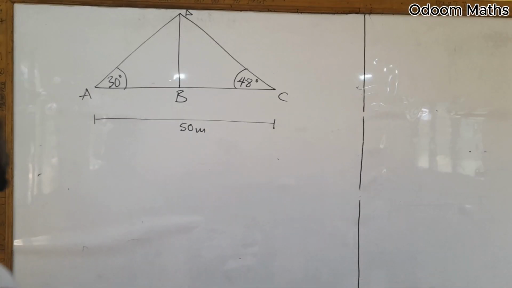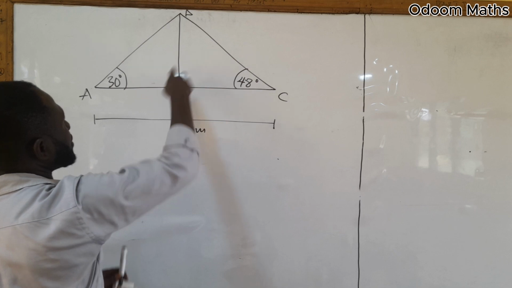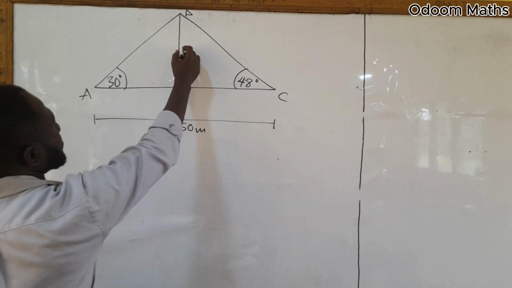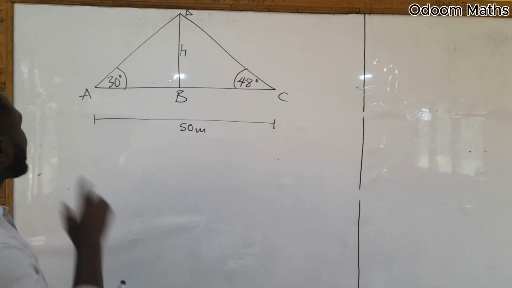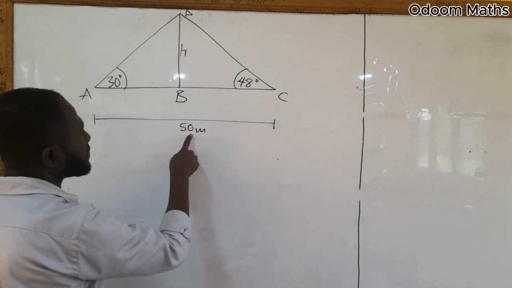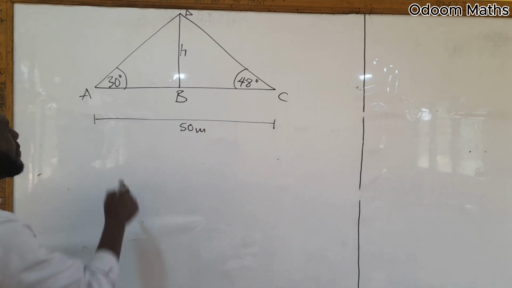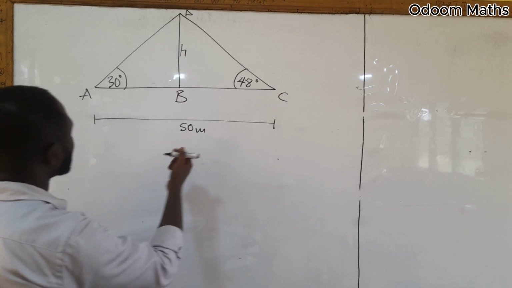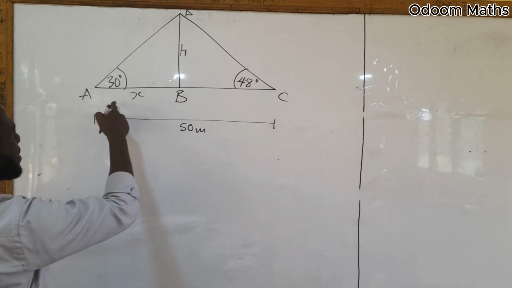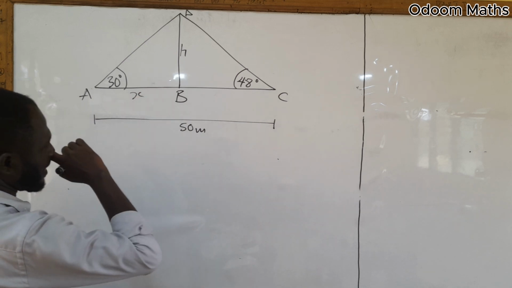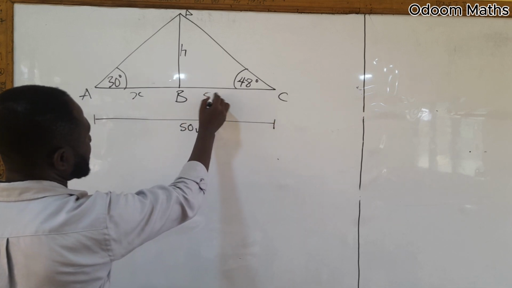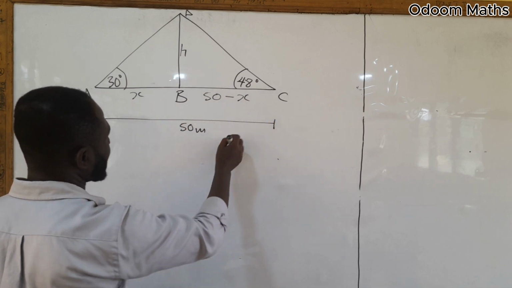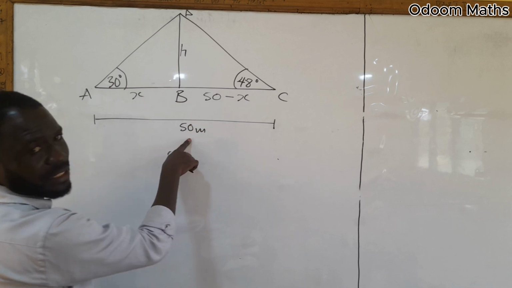We are told to find the height BD, so let me indicate the height BD by H. I prefer making this distance X, and then this place becomes 50 minus X. When you add the two, you should get 50 meters.